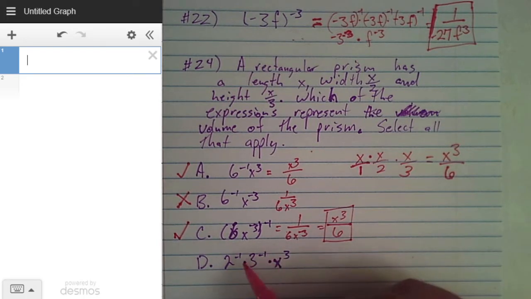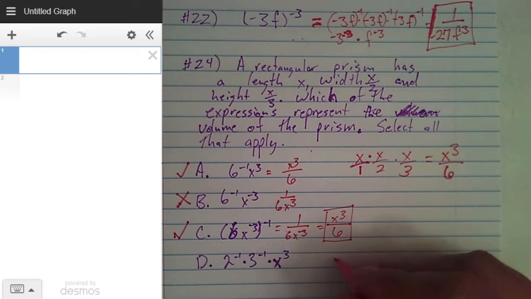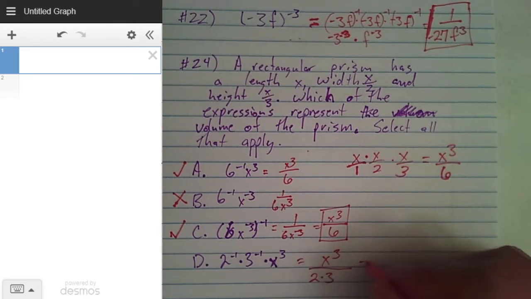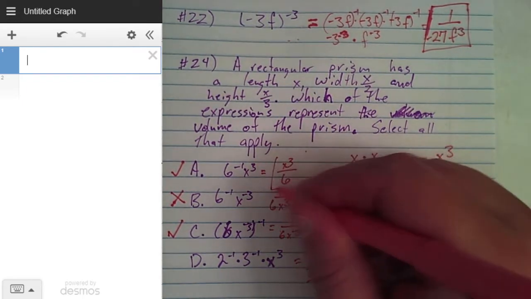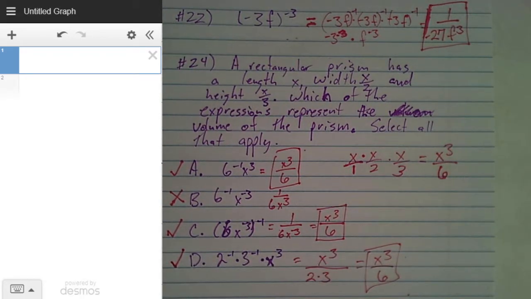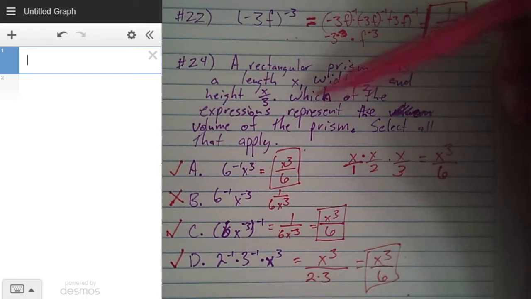We have 2 to the negative first times 3 to the negative first times x cubed. So we're going to get x cubed on top, and then 2 times 3 on the bottom, which is x cubed over 6, which is what we were looking for. So D is also equivalent. So A, C, and D is what we should have found that represent the volume of the prism.